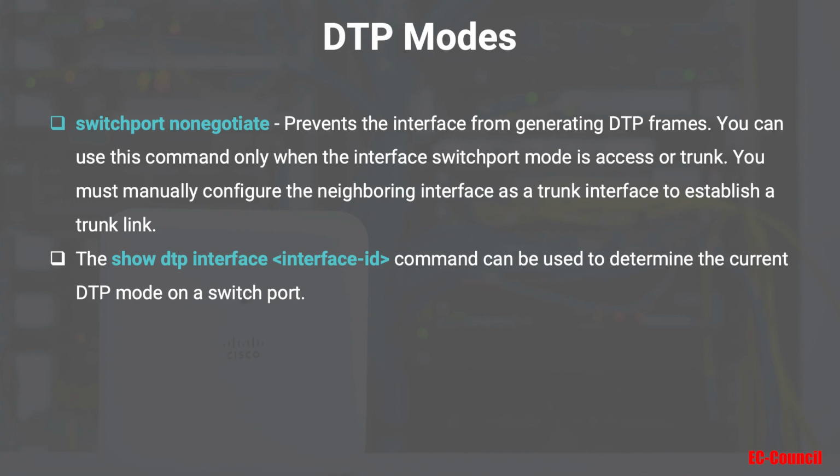So to put it simply, based on the lab that we had done just a few minutes ago, that is exactly how we should apply the switchport nonegotiate command. It should only be applied if you use the switchport mode access command or the switchport mode trunk command. No other possibilities. Furthermore, on some Cisco switches, you can use a show dtp interface command simply to determine the current DTP mode on a switchport. However, this command may not work on all Cisco switches.